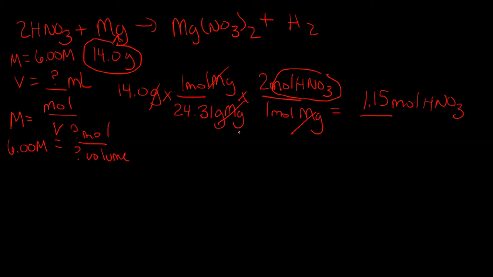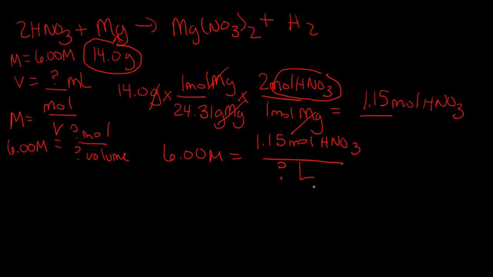Now it's a matter of plugging into our equation. We've got 6 molar nitric acid, and we know there's 1.15 moles of it. The question is volume, but since this is molarity, we're solving for liters.